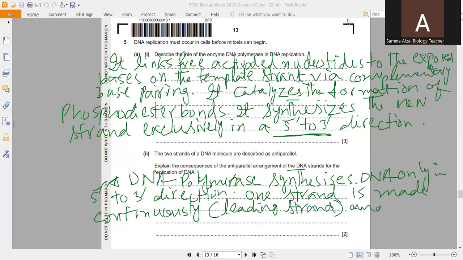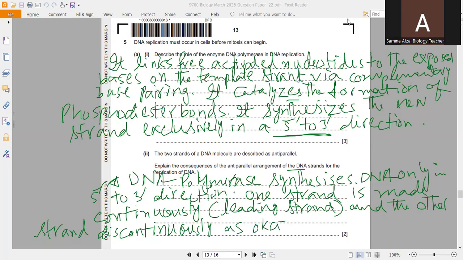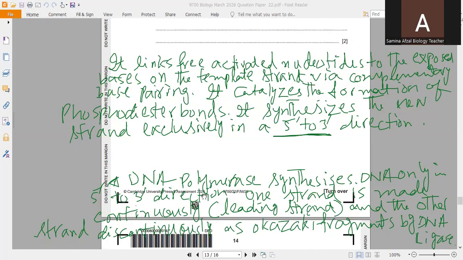And the other strand is made discontinuously as Okazaki fragments, joined by DNA ligase. So it was part B2 of the A.